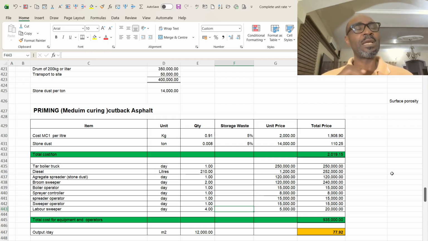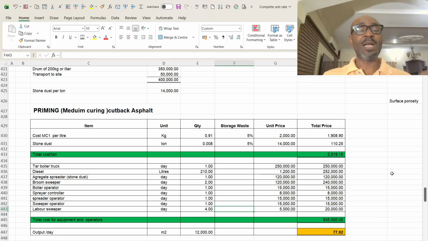Thirdly, it helps blind the surface of the base course so as to prevent rising of dust. So basically, those are the three reasons why the primer is used.